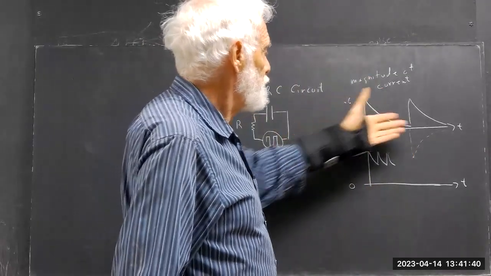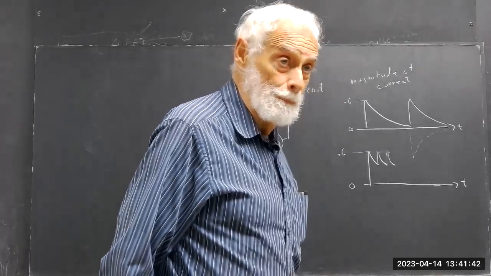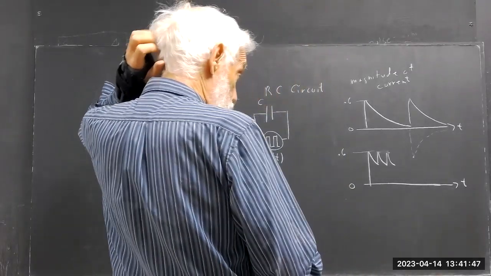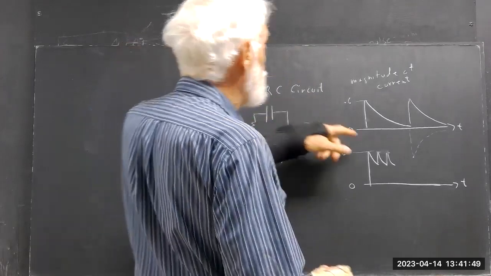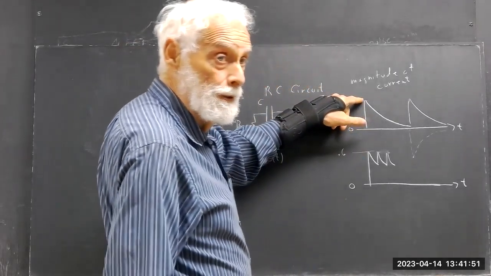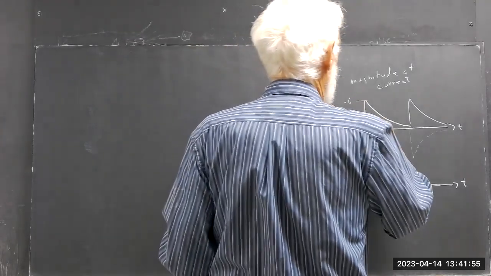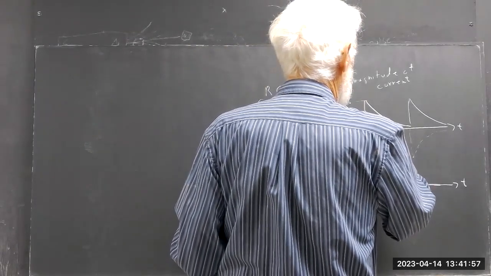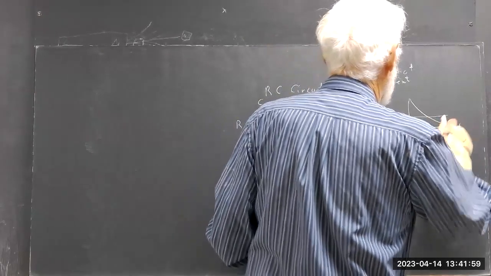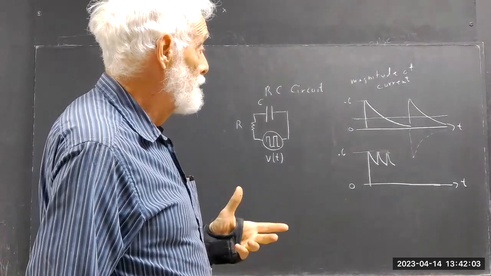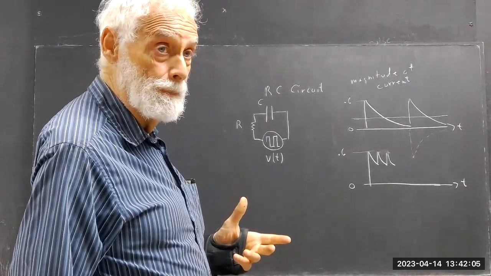Okay, so we asked, can you estimate the average current? And we got estimates of 0.25 or 0.3 up here. So that would mean that the average current would be maybe around here. Now is that a good estimate of the average current?